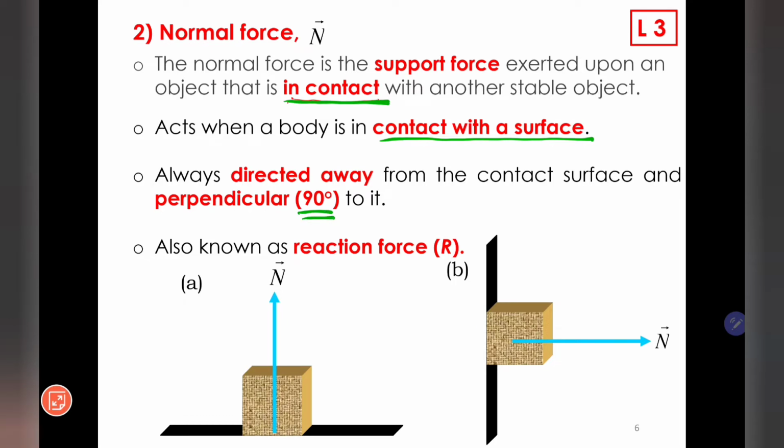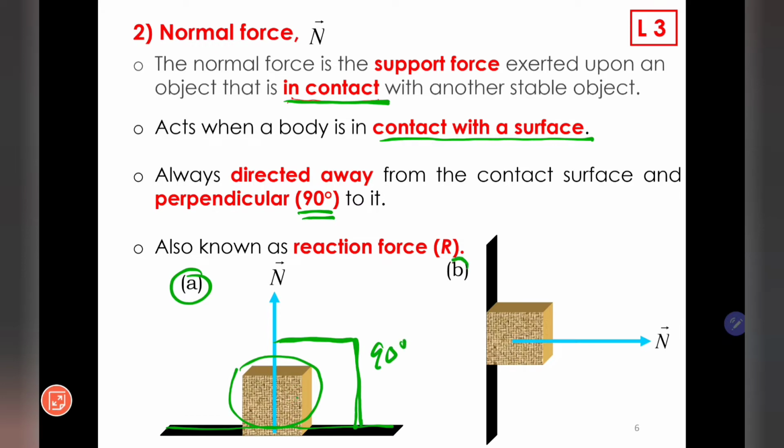For example, in A, this is the surface and this is the object, so they are touching each other. The normal force exerted on it is directed upward, where the force and the surface are perpendicular to each other. The angle is 90 degrees.